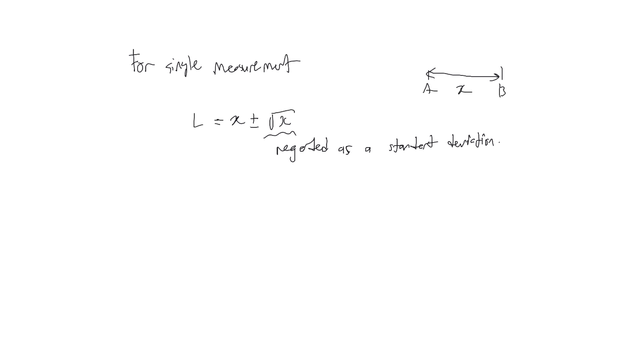Next, if you measure the length many times, let's say you measure it n times, and each time you get x1, x2, x3, and so on until xn, then you find the average, you find the variance, and then you find the standard deviation.